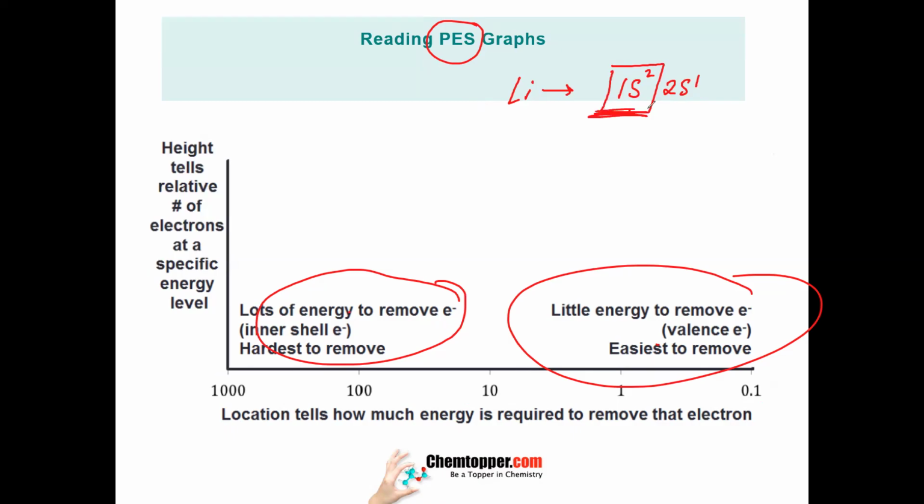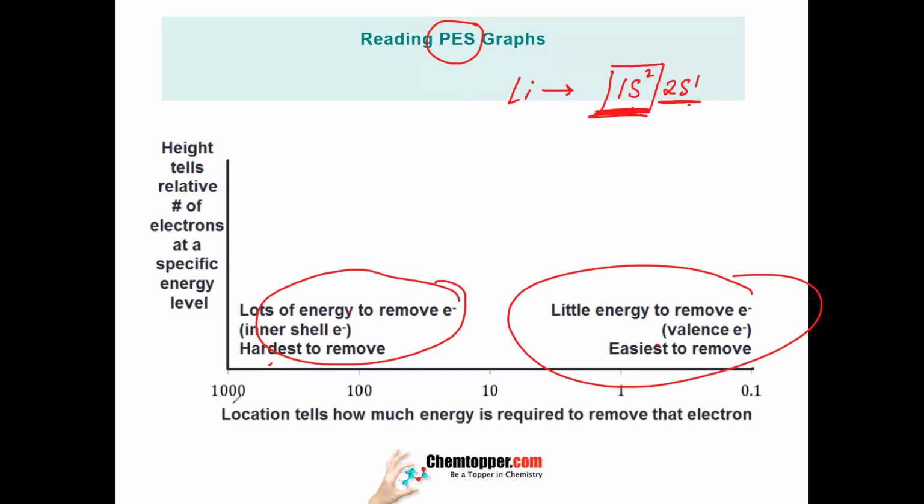So is it difficult to remove an electron from 1s or from 2s? Yes, Gorika. Not clear? Which shell is closer to the nucleus? Which shell is closer? So from which shell is it difficult to remove an electron because of more attraction?